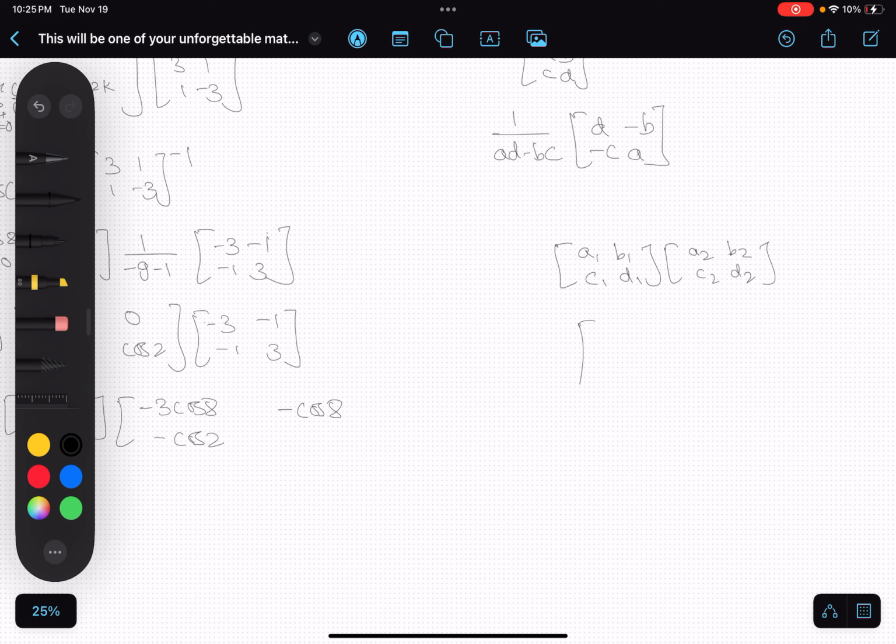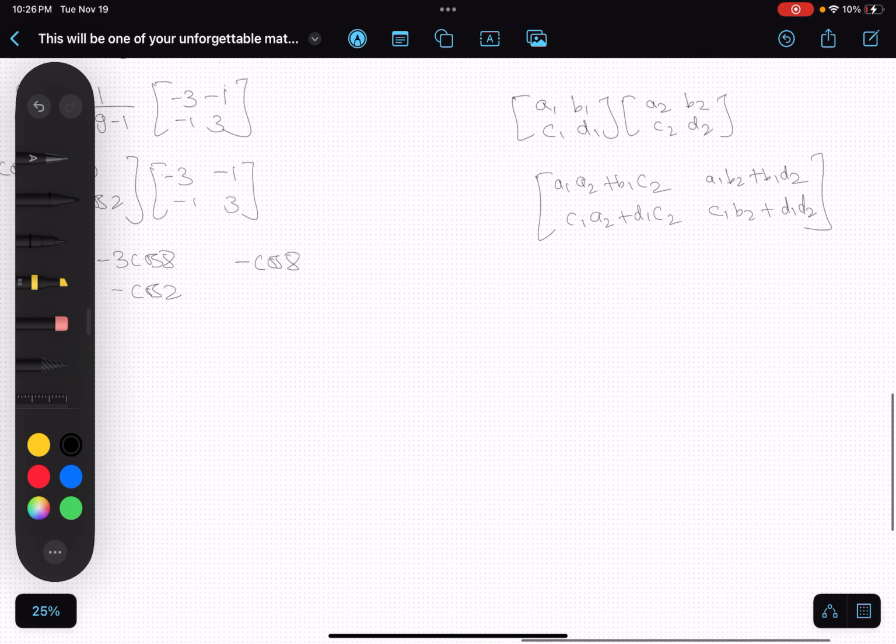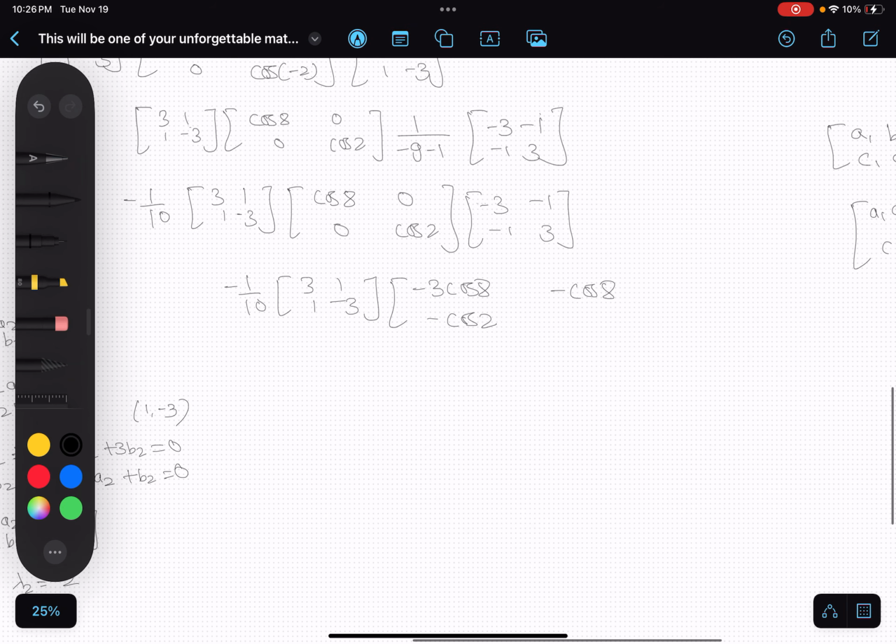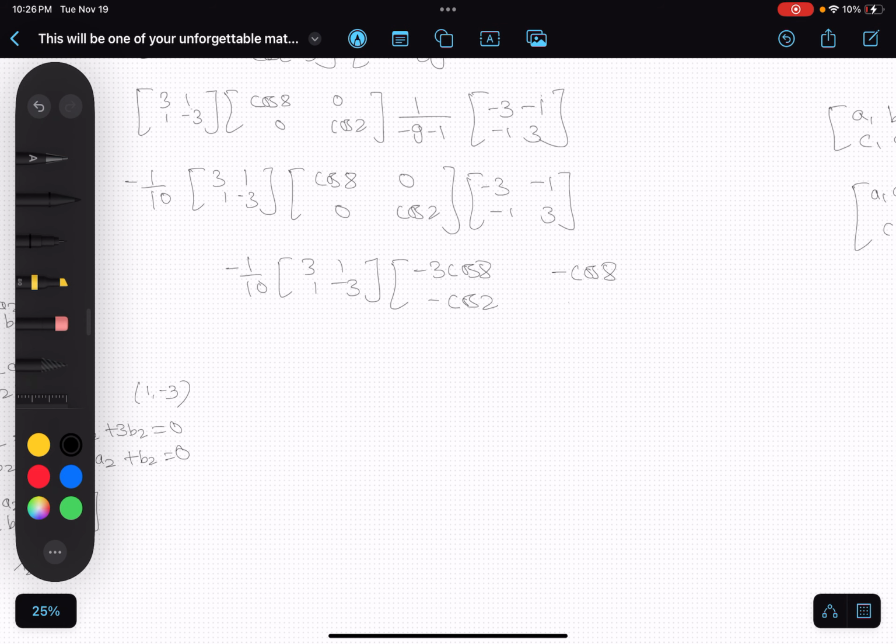The multiplication will just be a1 a2 plus b1 c2, a1 b2 plus b1 d2, c1 a2 plus d1 c2, c1 b2 plus d1 d2. So this is how matrix multiplication for a 2 by 2 matrix is defined. The negative cos 2, and this is 3 cos 2, right?